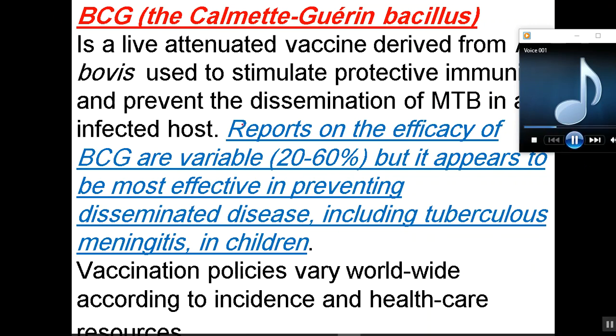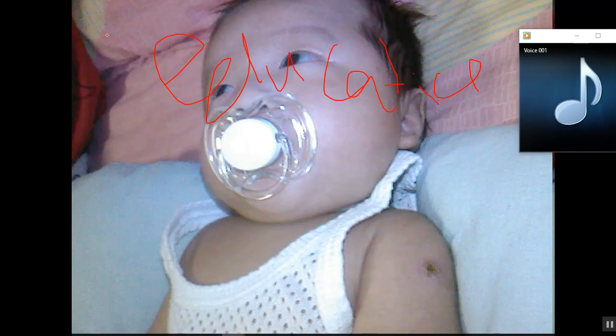And then we have the vaccine, like in this child, and this is the site of the vaccine. All of you have taken the vaccine and have a scar on the left shoulder, which indicates a properly functioning vaccine.